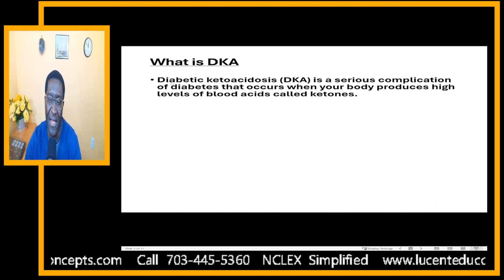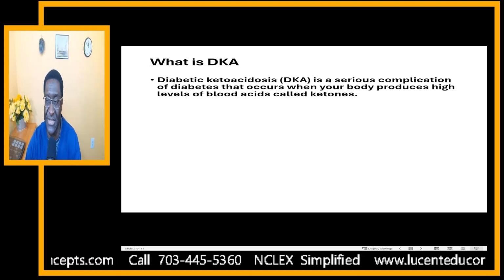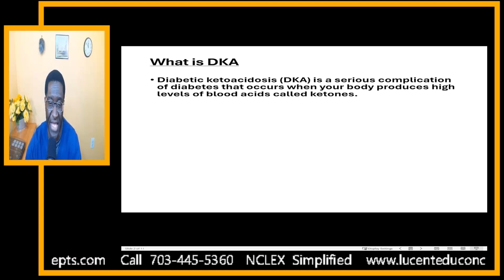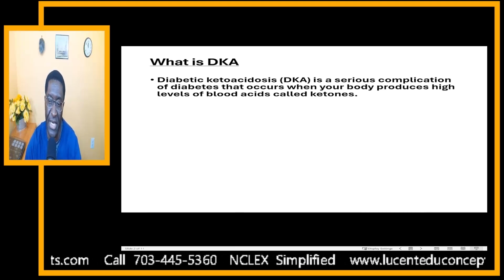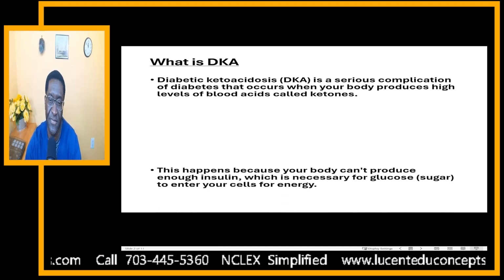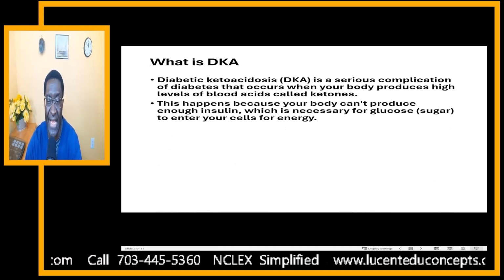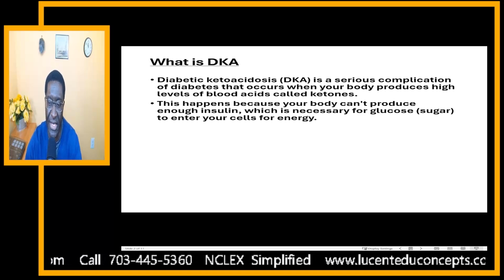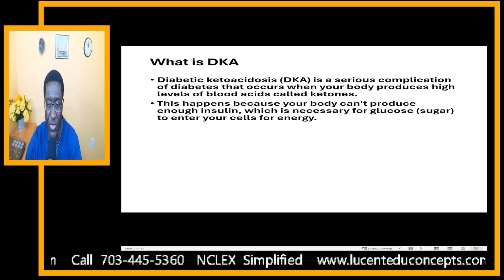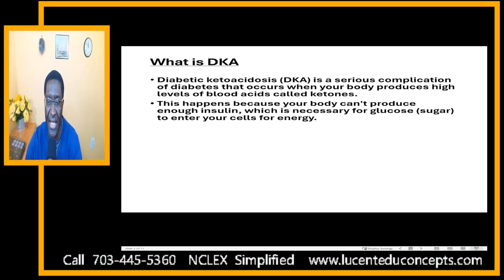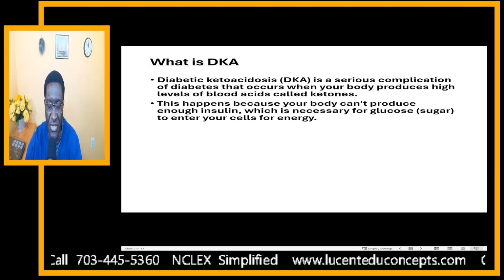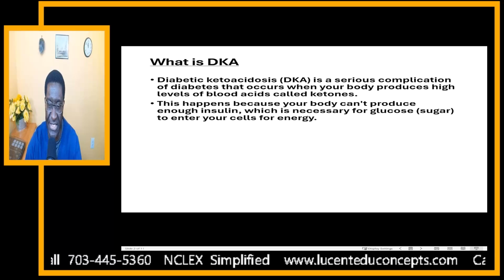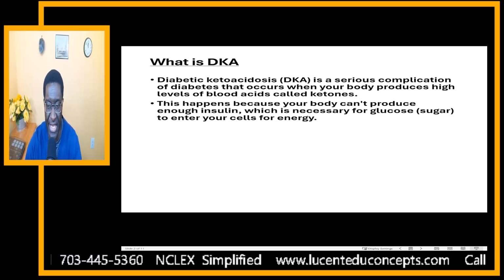So let's take a closer look. What is DKA? DKA is, in simple terms, like I said earlier on, a serious complication of diabetes that occurs when your body produces high levels of blood acids called ketones. This happens because your body can't produce enough insulin, which is necessary for glucose, that is sugar, to enter into the cell. I believe somewhere along the line, I may have stated that please always consider insulin as the key to open the cell for the glucose to enter in there.